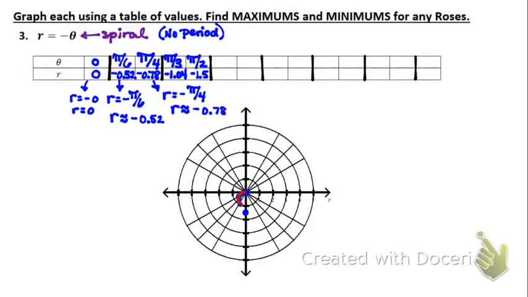What about 2 pi over 3? You said negative 2.1? Yep. So right about here.